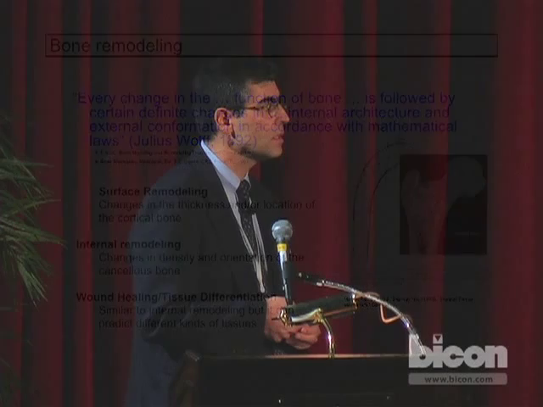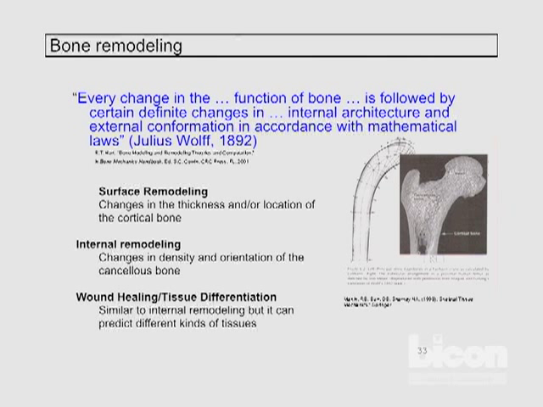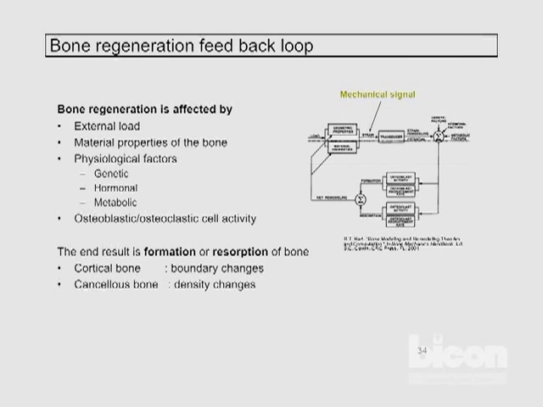And there are relatively new theories related to wound healing and tissue differentiation, which can not only talk about these two, but also predict the generation of different types of tissues. So we are going to talk about the internal remodeling.